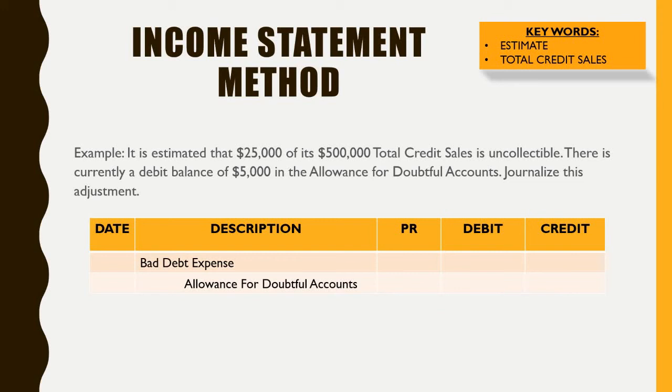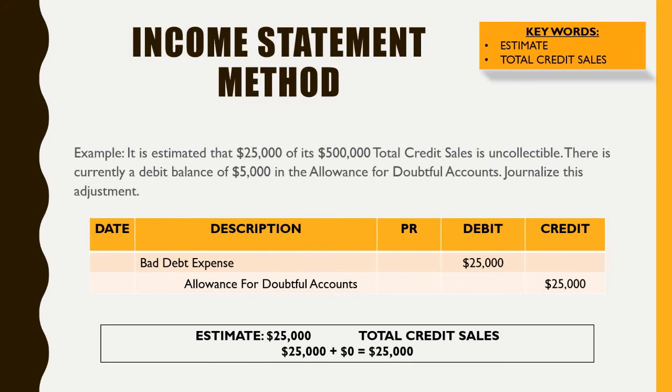We don't care if there's any kind of balance on that because all we know is we see the estimated amount and we see total credit sales. So, therefore, this is the easiest one because all we need to do is recognize what the estimated amount is. Because in this case, we don't care about the balance that there is in the allowance for doubtful accounts because it doesn't appear on the income statement.